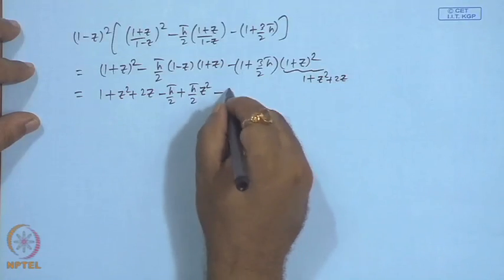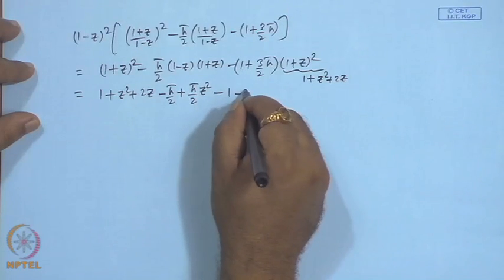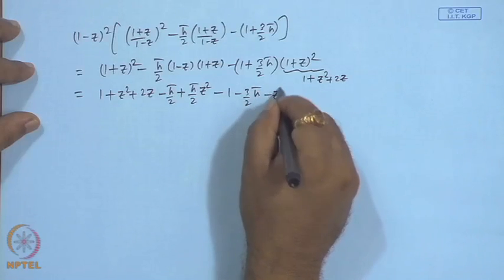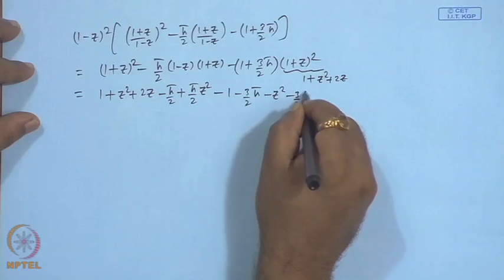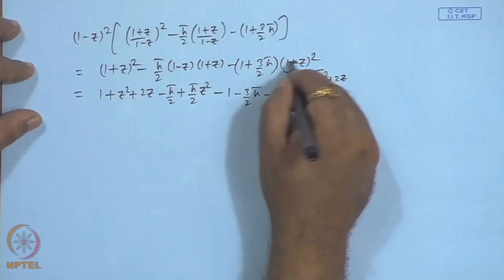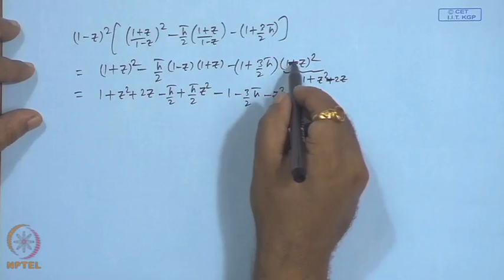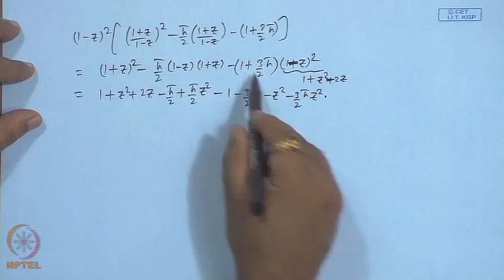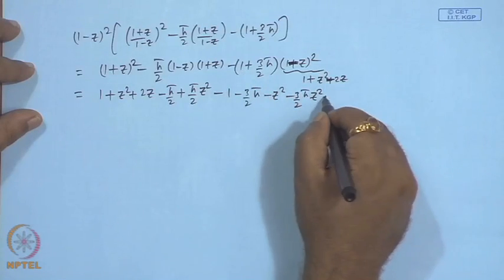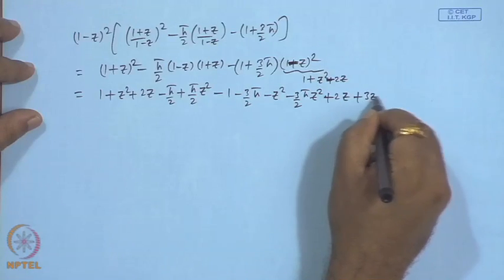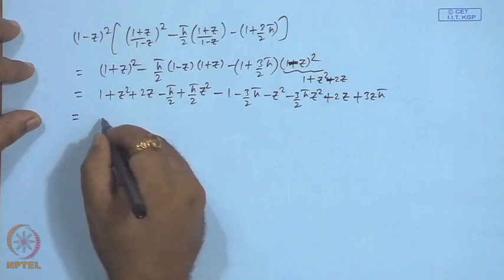So, we multiply, then sorry, this must be minus. So, these will be these terms.